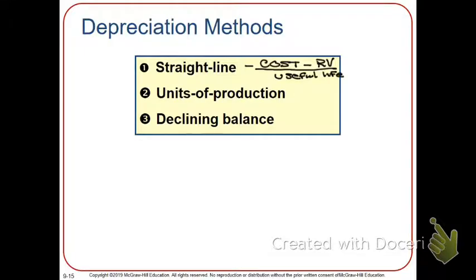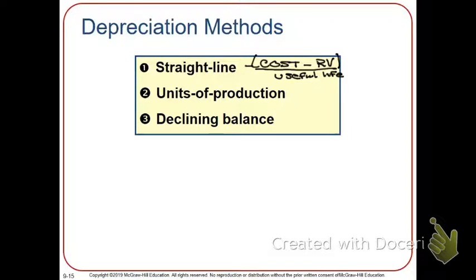Now, if you remember, one of the three things I told you a couple slides ago is you need three things in order to calculate depreciation: cost, residual value, and useful life. Cost is what you spent for it. Residual value is what you think it's going to be worth at the end of its life. And useful life is how many years you think it's going to be around.